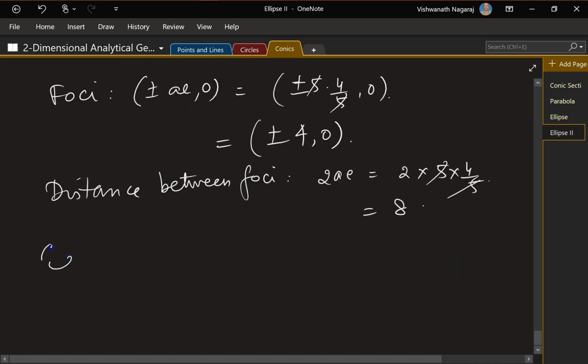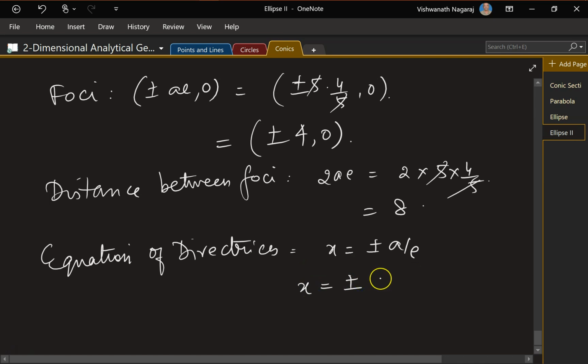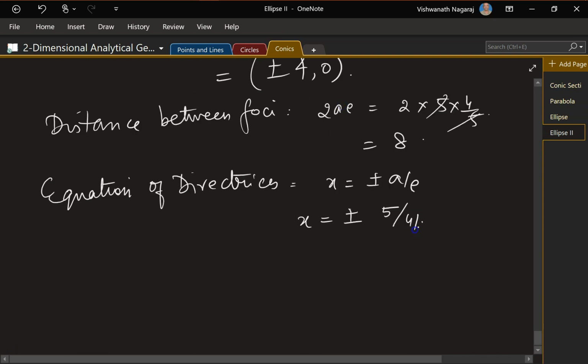Now the equation of directrices would be x is equal to plus or minus a by e. So which means x is equal to plus or minus a is 5 by e is 4 by 5, which is equal to plus or minus 25 by 4.